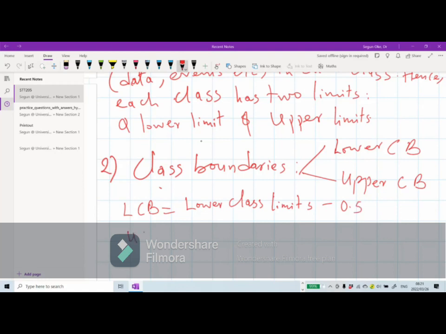Then upper class boundary is upper class limit plus 0.5. I hope I'm clear. When you are calculating class boundary, it simply means you deduct 0.5 from the lower class limit, and you add 0.5 to the upper class limit. Don't make that mistake. Let's continue.